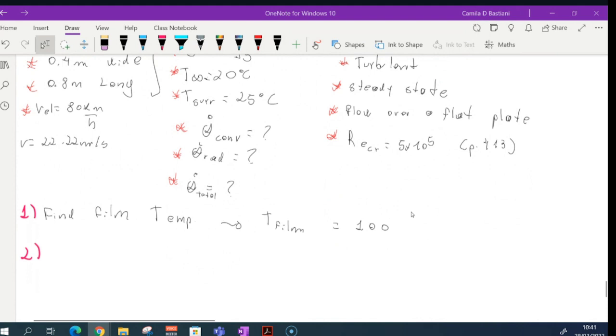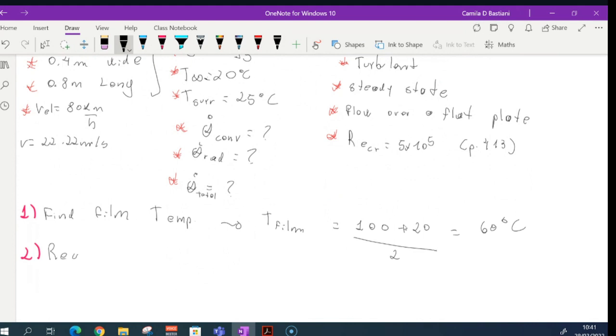Thank you. I'm going to find my film temperature between always my surface that's gaining or losing heat, in this case, the engine block, 100 degrees Celsius, and my air, that my temperature of the air is 20. So my film temperature is 60 degrees Celsius.